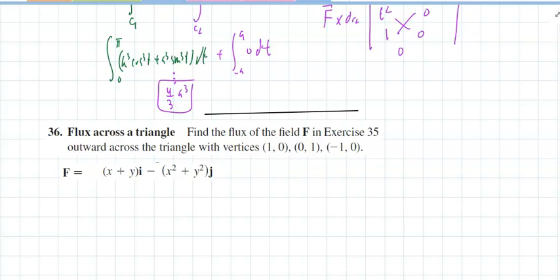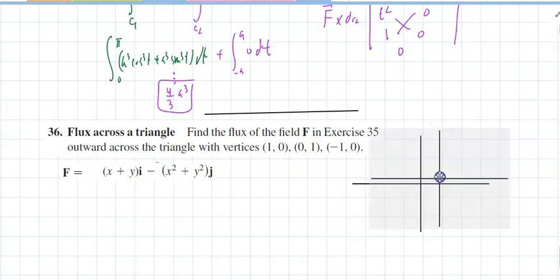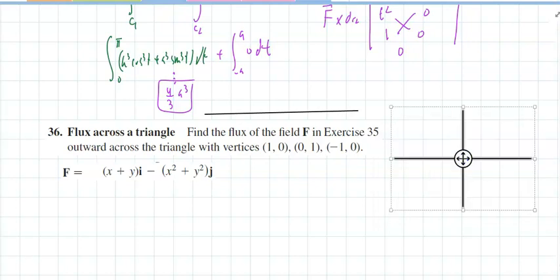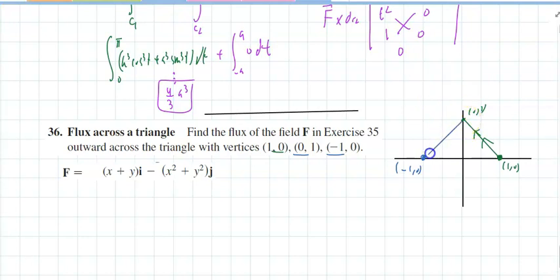Okay, and how does it work? Well, you want to run it across 1, 0, 0, 1, that direction, negative 1, 0, and back.